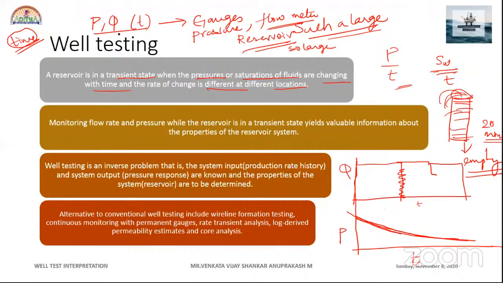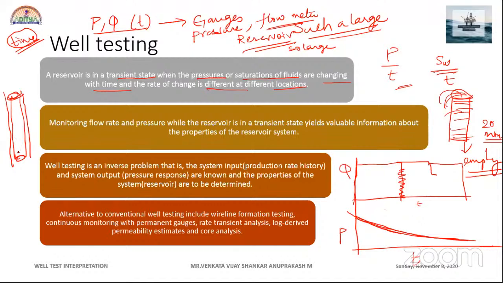Previously, during the well test, they used to have the gauges placed in the well bore, and the corresponding readings were marked on a paper. There is a cylindrical paper wrapped on the inside of the barrel.